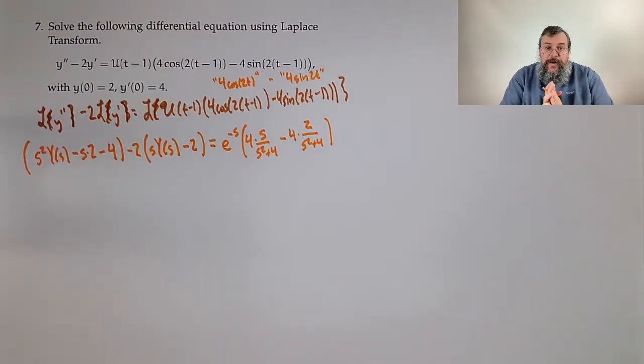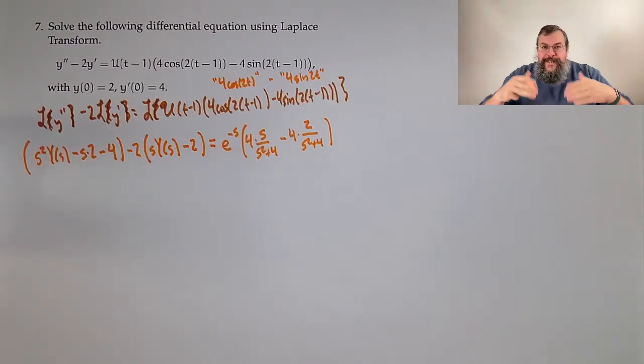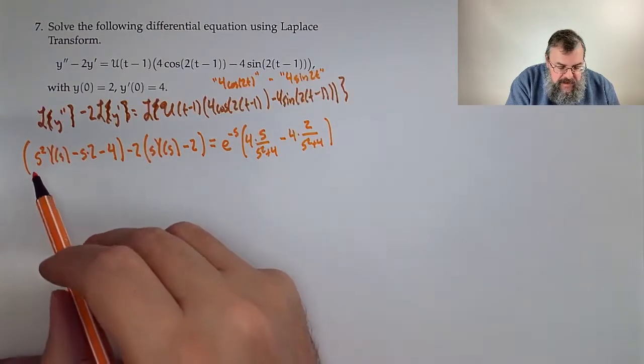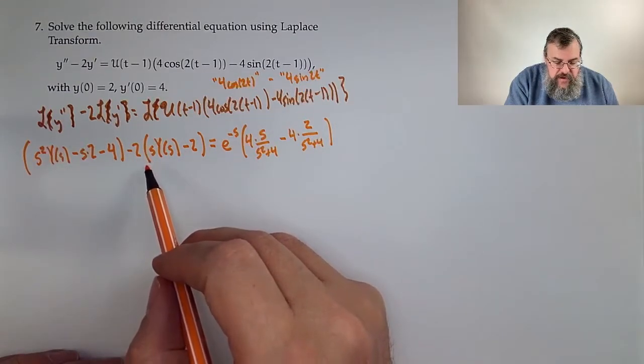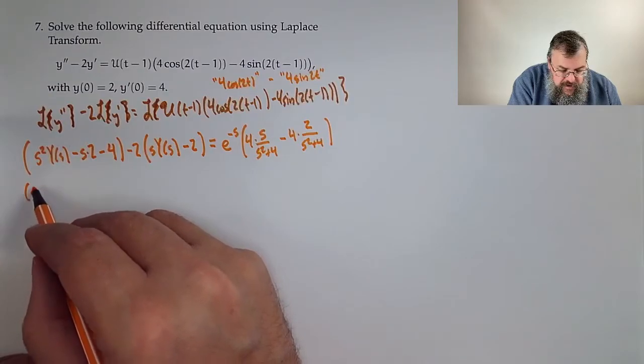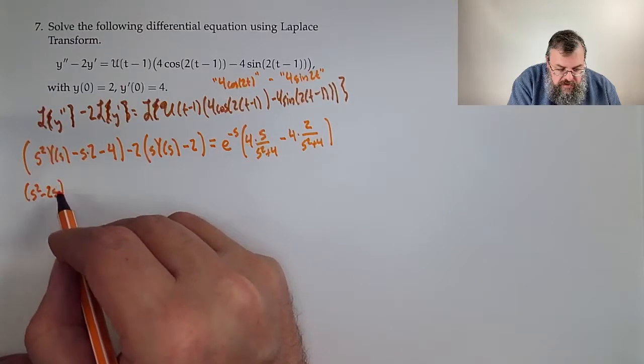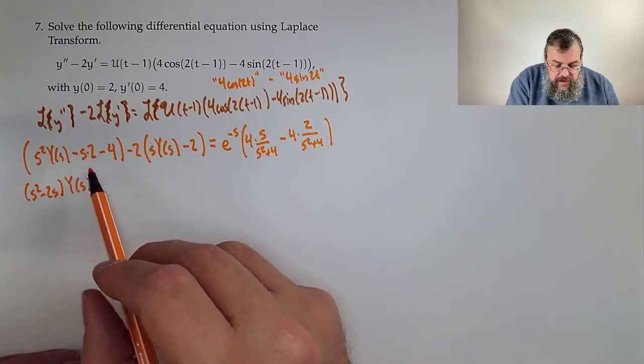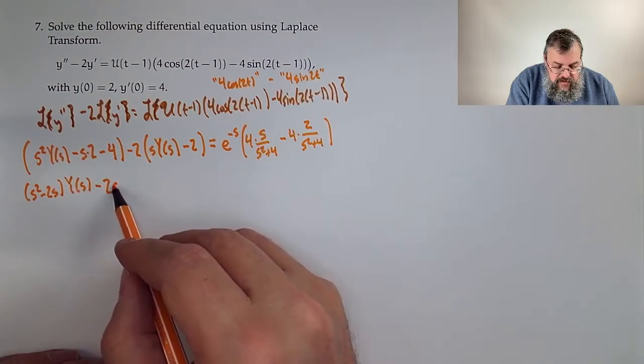Time for us to get to work. So, what do we do? Well, we start chipping away. Let's put the Y(s) terms together. We have s squared minus 2s, so s squared minus 2s times Y(s). We have minus 2s. Okay, so that's minus 2s.